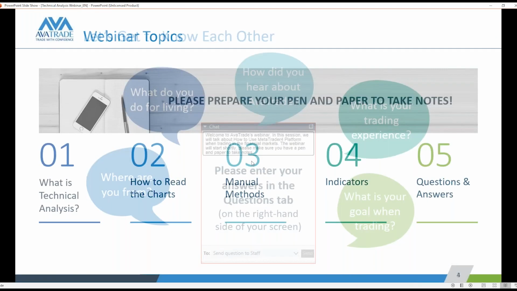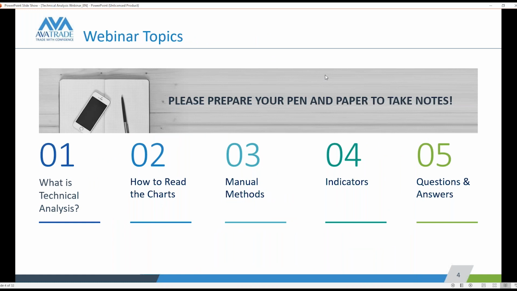Now, real quick, what is technical analysis? Technical analysis is looking at the historical movements on charts, usually candlestick charts, where we can look at the price movements of a particular instrument that you're interested in trading on and look for repetitive patterns, look for price levels that seem important.